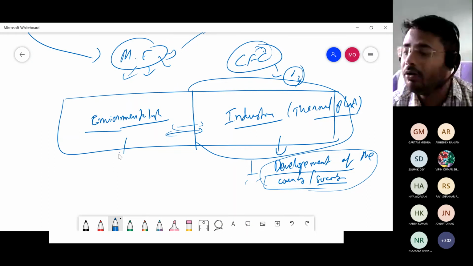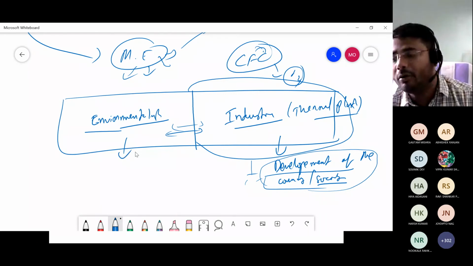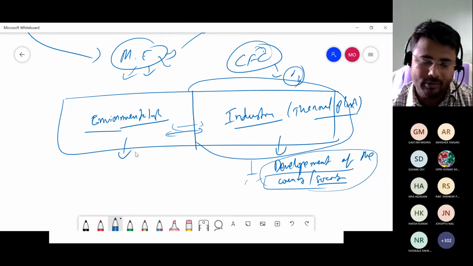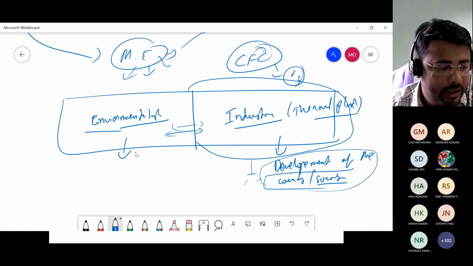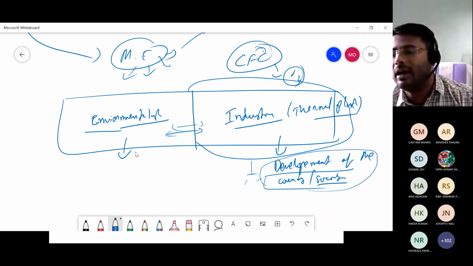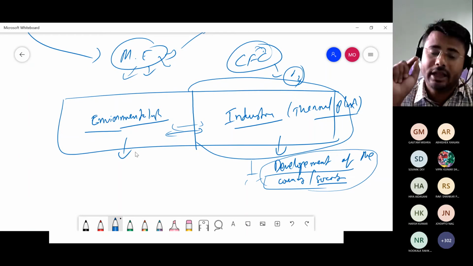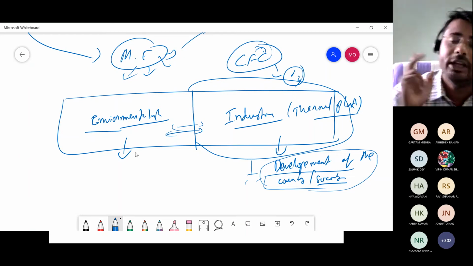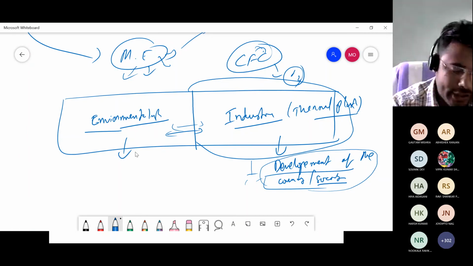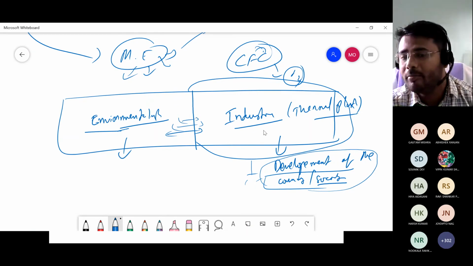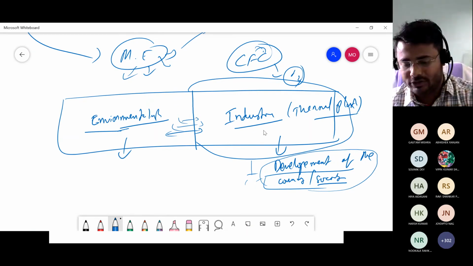They are always in favor of development, but in a sustainable way. They will always try to avoid whatever risk is associated with any kind of industry.